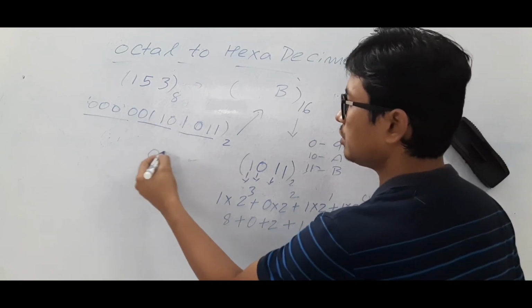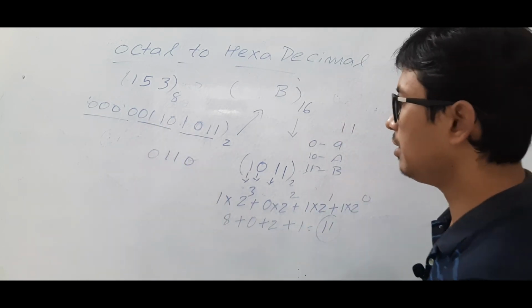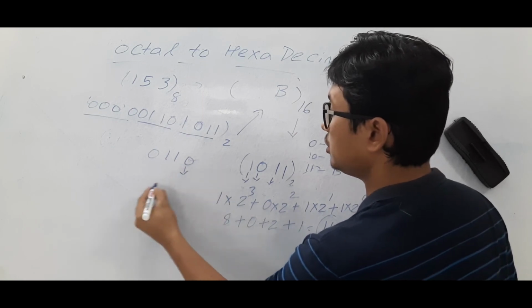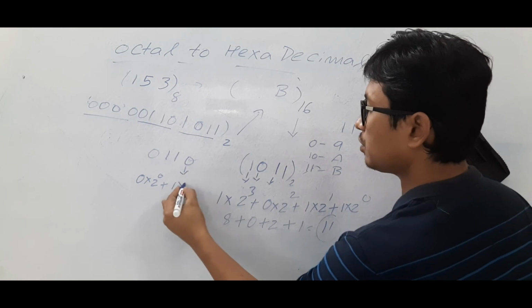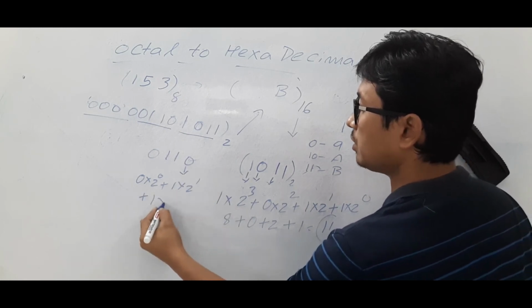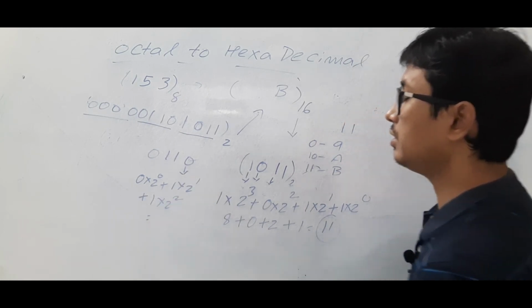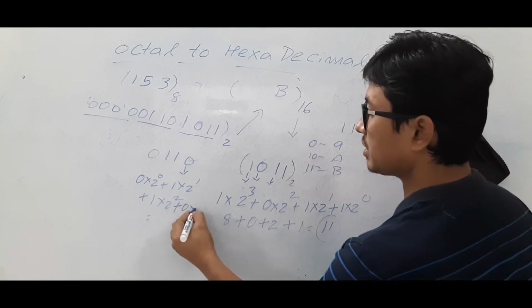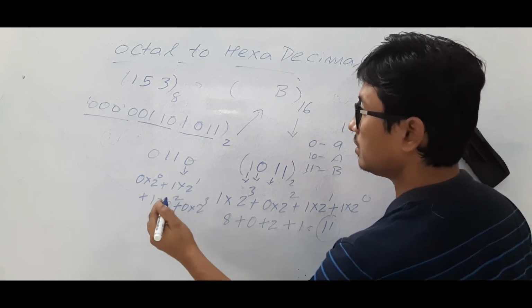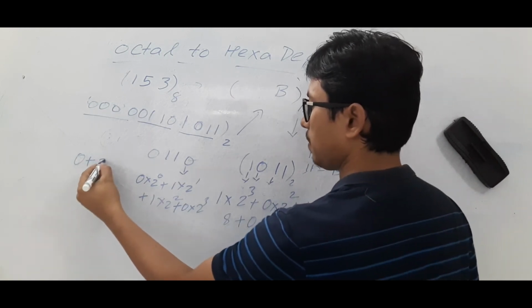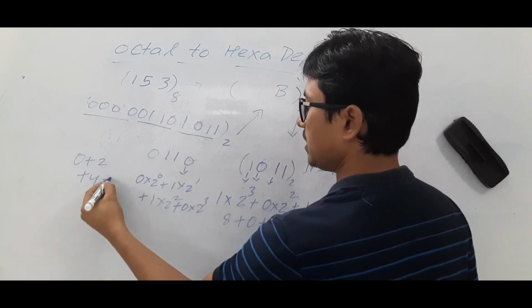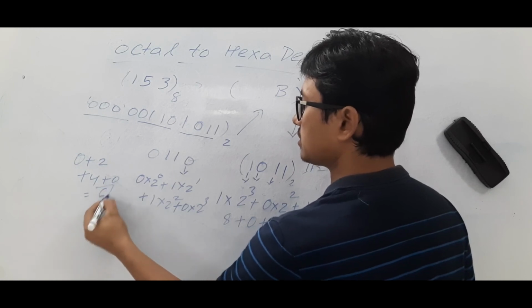Now this is 0 1 1 0. It will be 0 into 2 power 0 plus 1 into 2 to the power 1 plus 1 into 2 to the power 2, and plus 0 into 2 power 3, which I am not considering. So you will get 0 plus 2 plus 4 plus 0, so you will get 6.